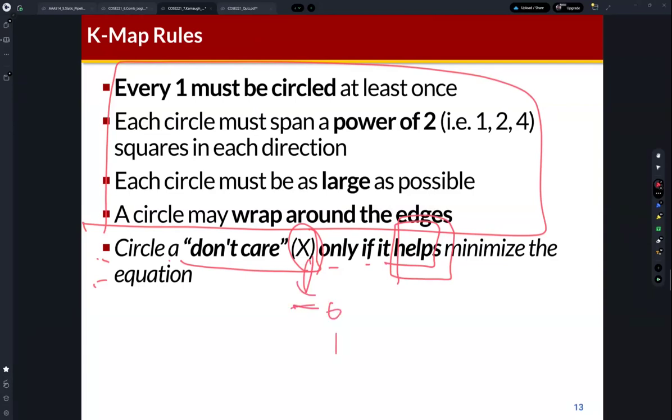We can use the don't care in the Karnaugh map, but only if it helps minimize the equation. What does it mean? It can be 1, it can be 0, but we can include the don't care if it is helpful for optimizing the equation. If not, we don't need to include don't care because it can be 0.